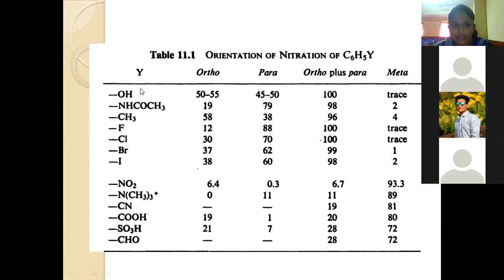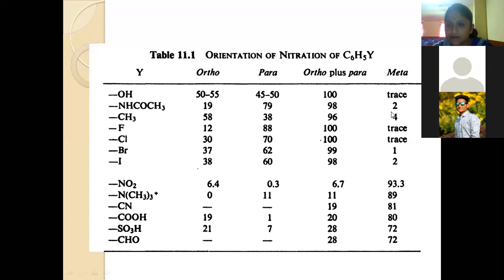So generally, all these seven families of compounds will act at both positions, ortho and para, and only slightly at the meta position. This is the first series of compounds, which generally act at ortho and para positions and only slightly at the meta position.